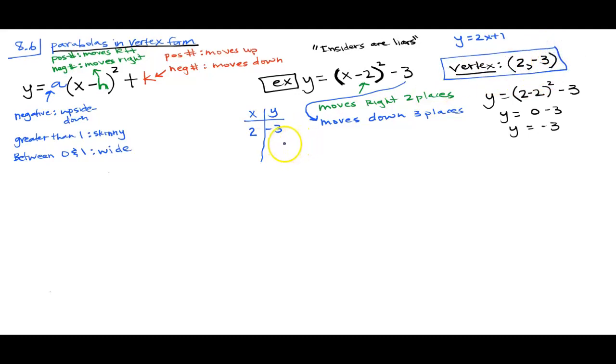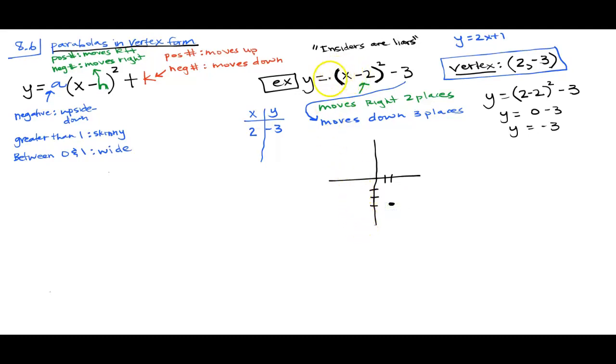Now, the vertex means the turnaround point of a parabola. I'm also going to graph this over here. It might ask you to write in words how things are moving, going left or right, up or down, if it's getting skinny or wide. But then they also ask you to graph it. So we have one point, the vertex: over 2 and then down 3 is right here.